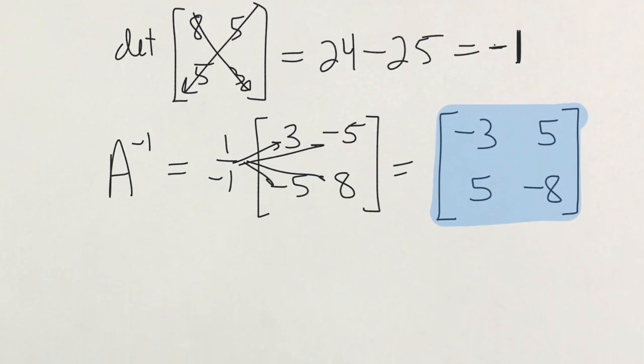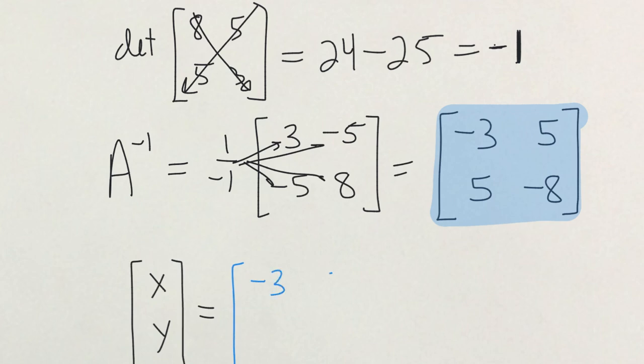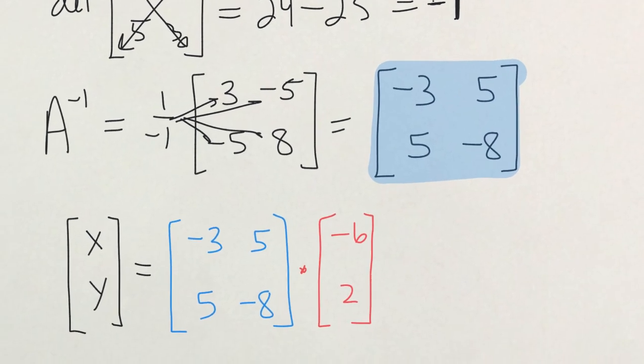So we take that inverse and we write it as a matrix solution. Our variable matrix equals the inverse that we just calculated, -3, 5, 5, -8, times your -6 and 2. That was your solutions matrix. So now we have to do our matrix multiplication.